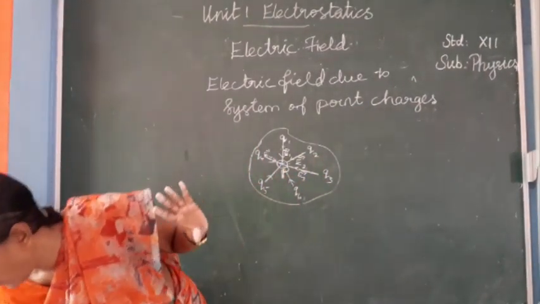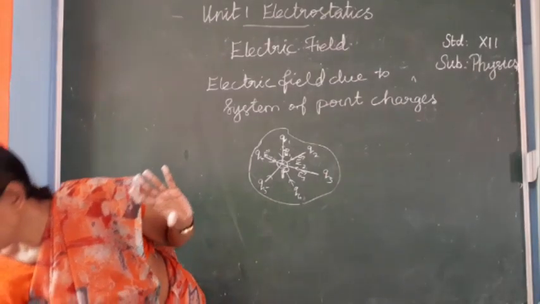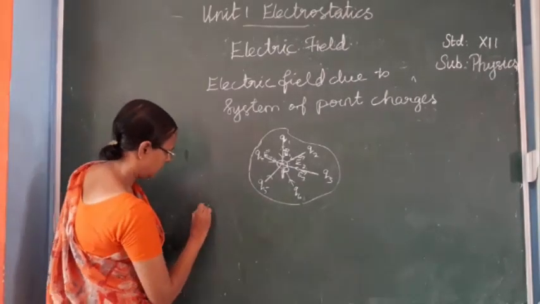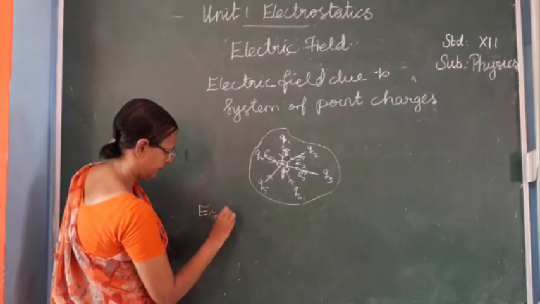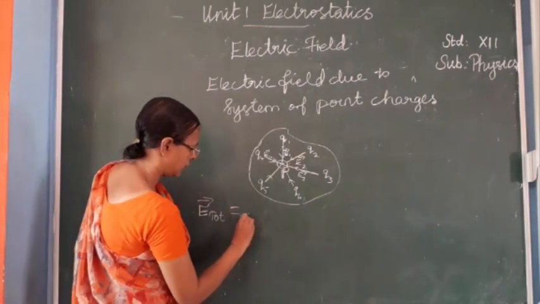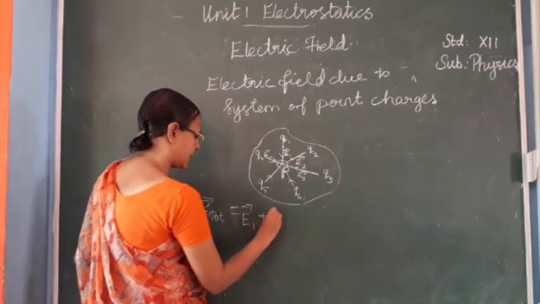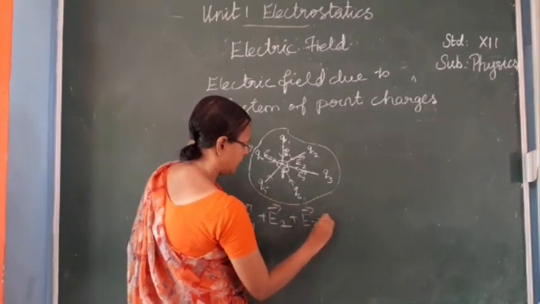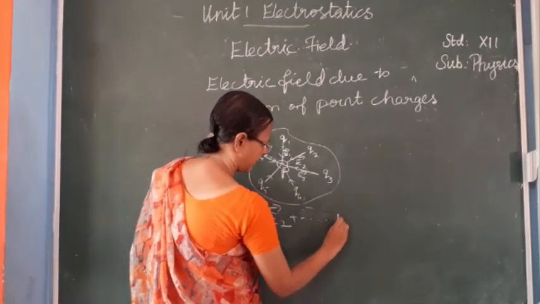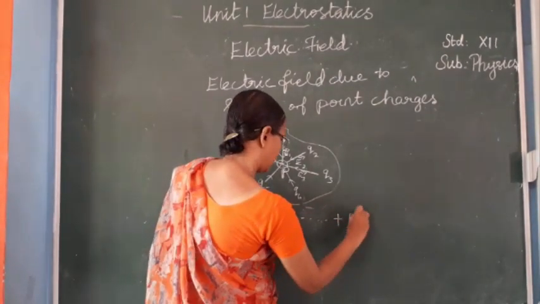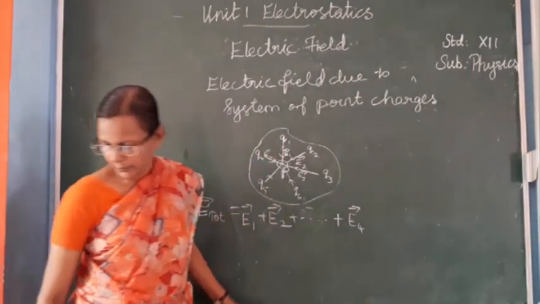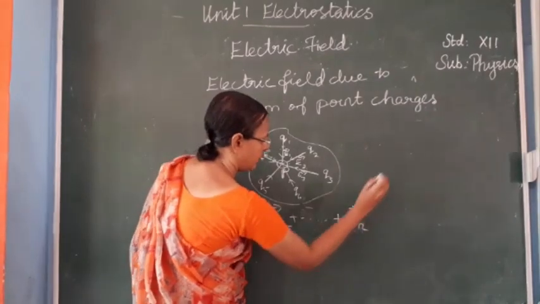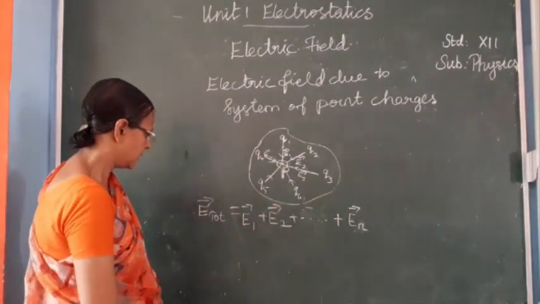Next, this formula we have to apply here. So E vector total is equal to E1 vector plus E2 vector plus E3 vector plus E4 vector, like this it will go. Here n number of vectors are there, so we can write En.